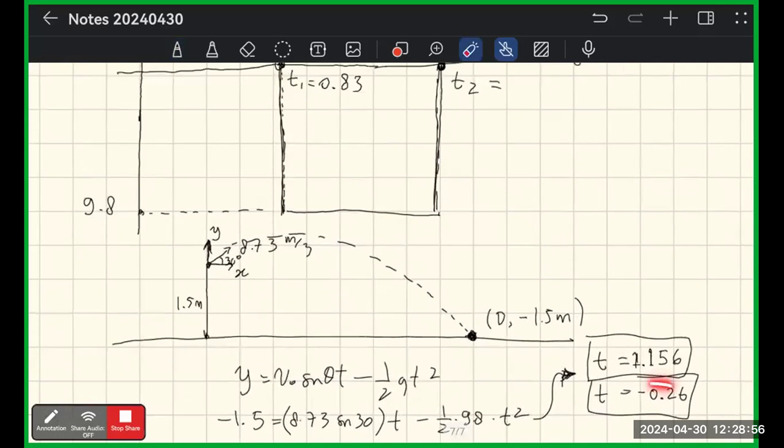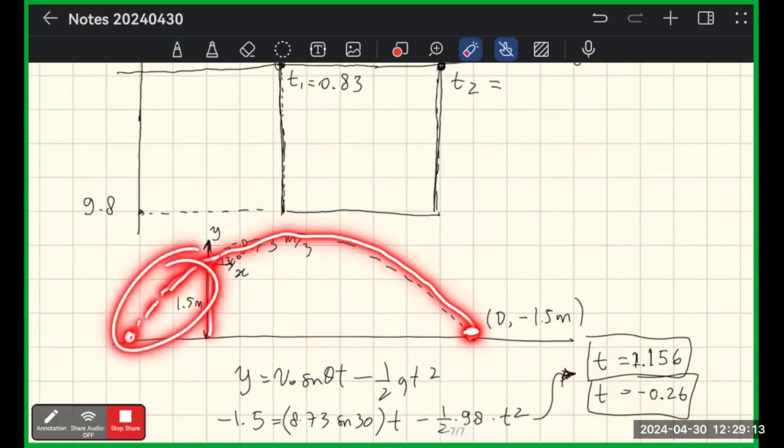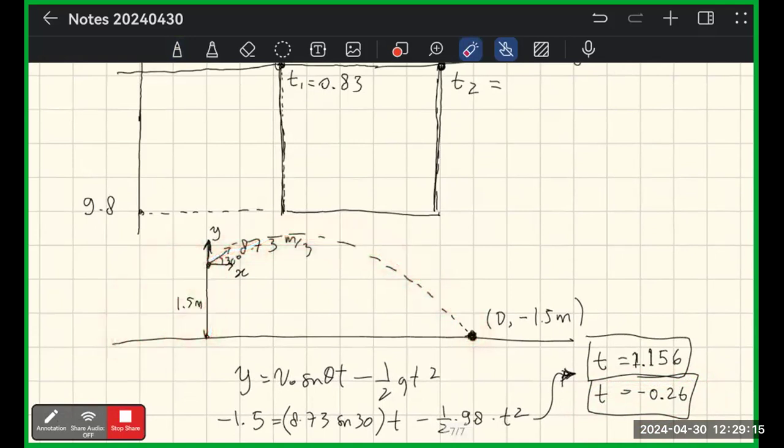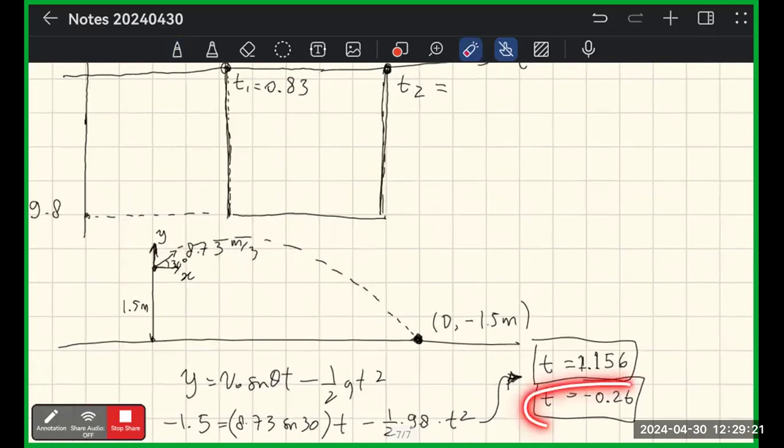What this negative time means is that because we want to find y equals negative 1.5, the graph reached negative 1.5 twice. It's not only here, but also earlier in time, which we don't actually have, because previously it's just another motion. So it's imaginary, and the time is 1.156.